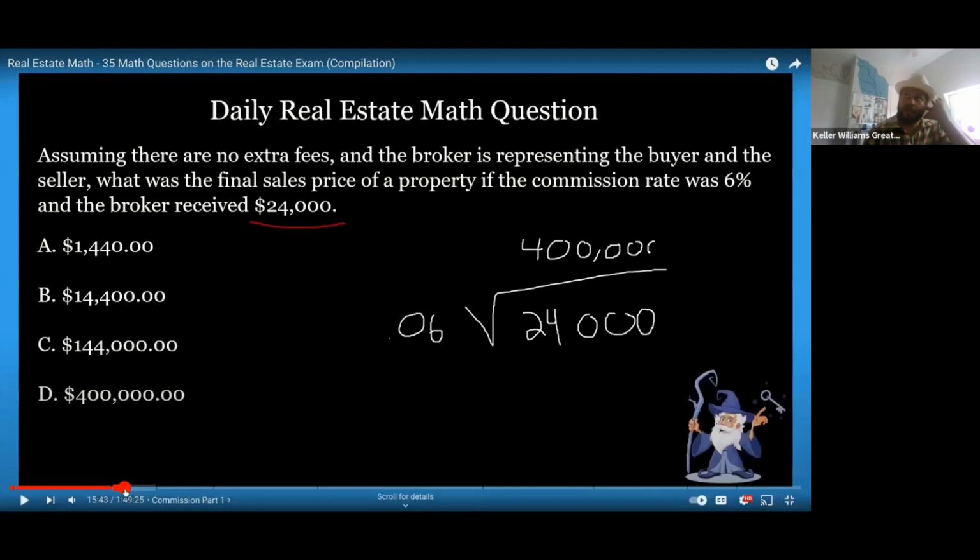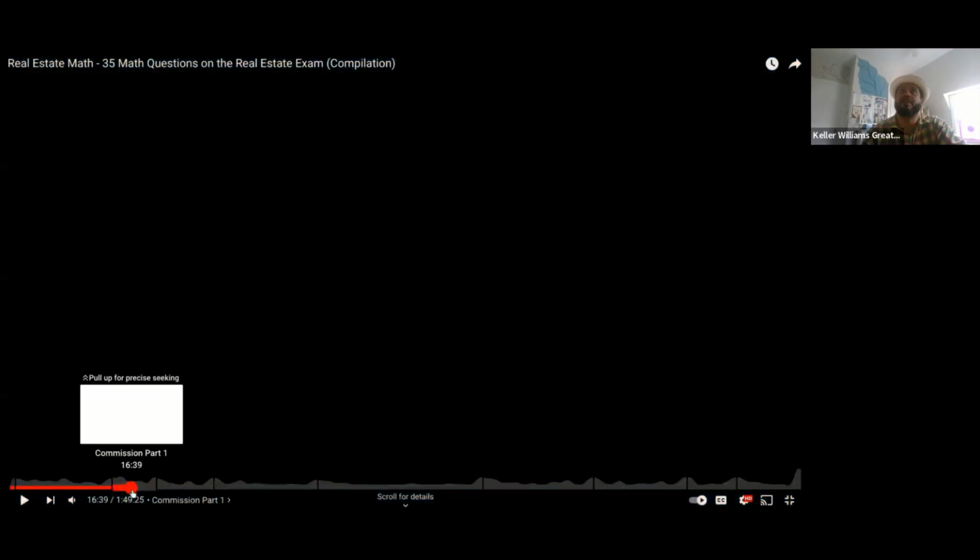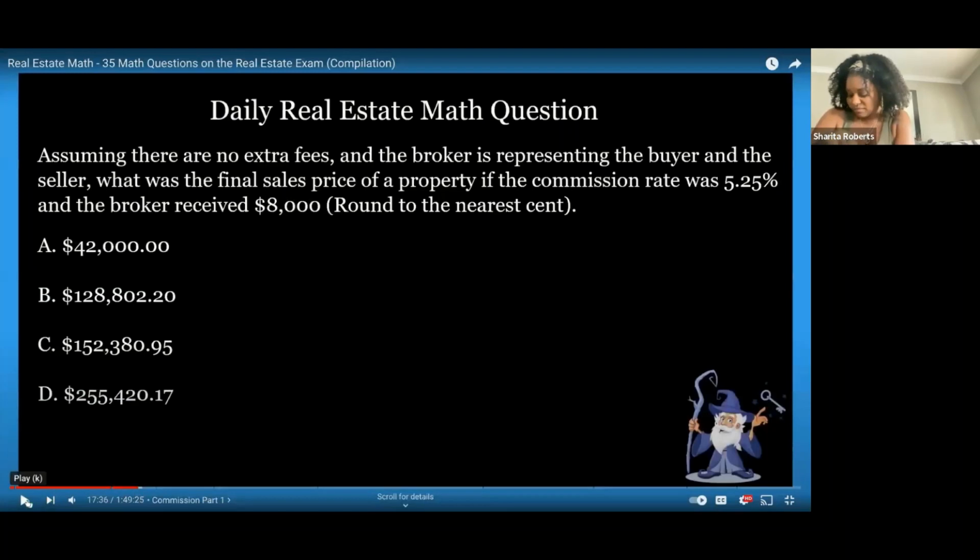And here's how that looks. 24,000 divided by 0.06. All right. Assuming there are no extra fees and the broker is representing the buyer and the seller, what was the final sales price of a property if the commission rate was 5.25 and the broker received 8,000?